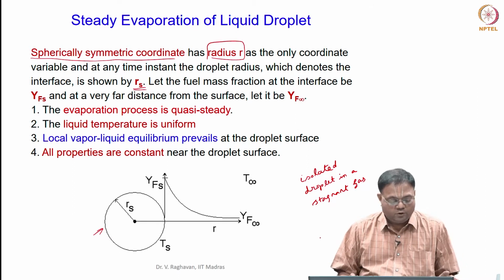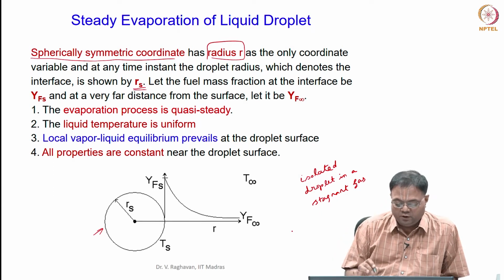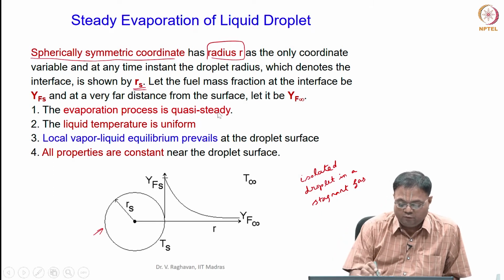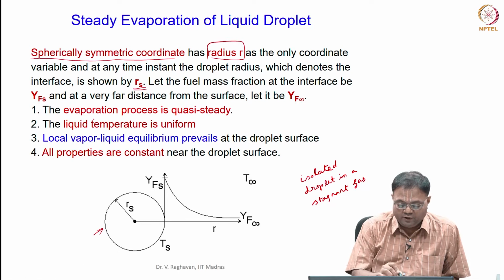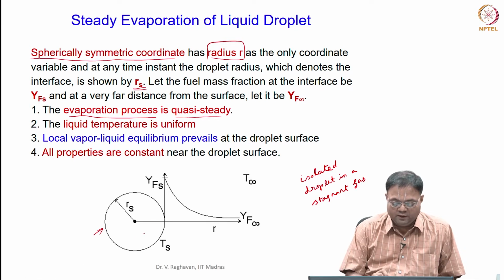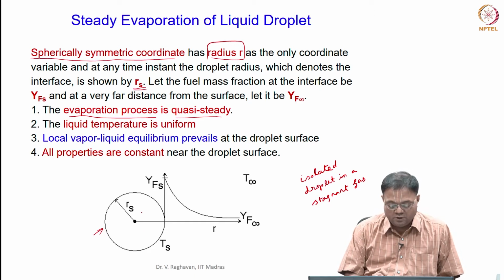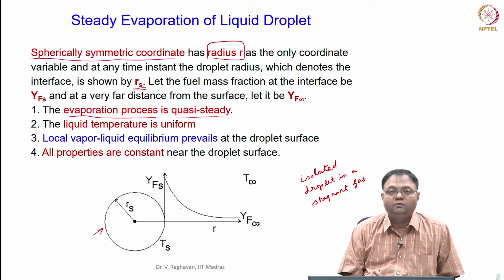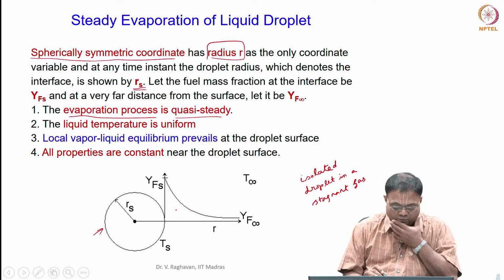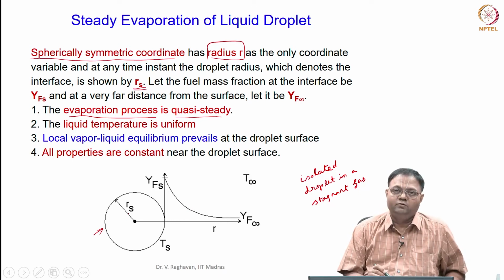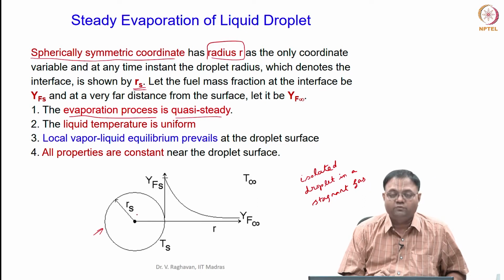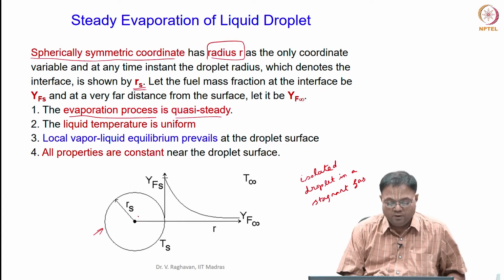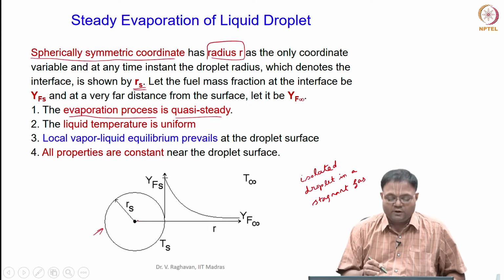Now the basic assumptions in this, which we have seen already: the evaporation process is quasi steady. That means at any time instant, the rate at which the droplet evaporates will be the same. The radius may vary due to the evaporation, the mass going out from the liquid to the vapor, and the radius can shrink, but the rate at which the evaporation takes place will be steady.